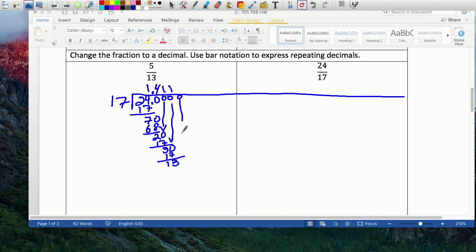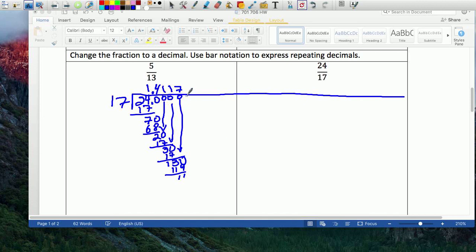Bring a 0 down. 17 goes into 130. Oof, I don't even know. Times 7? No. 17 times 8? No, it's times 7, which gives me 119. So I have 11 left over.